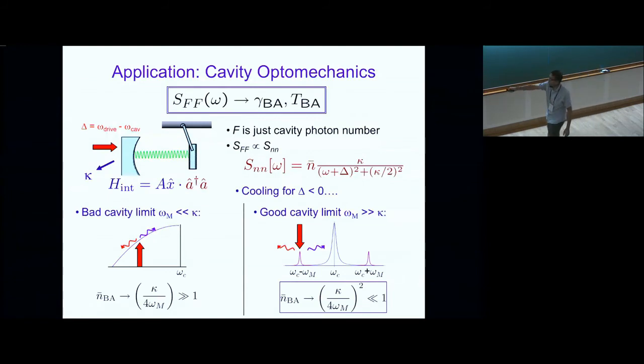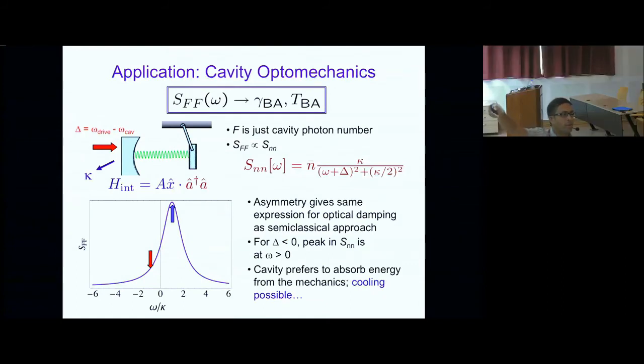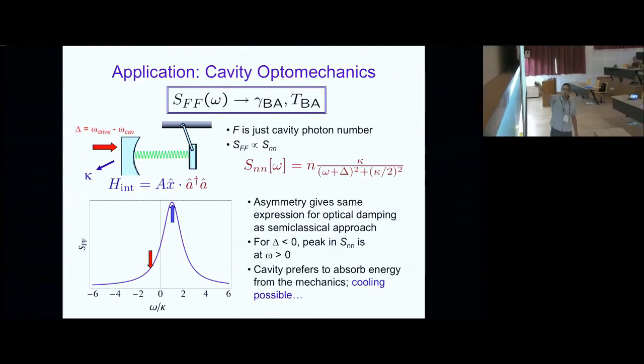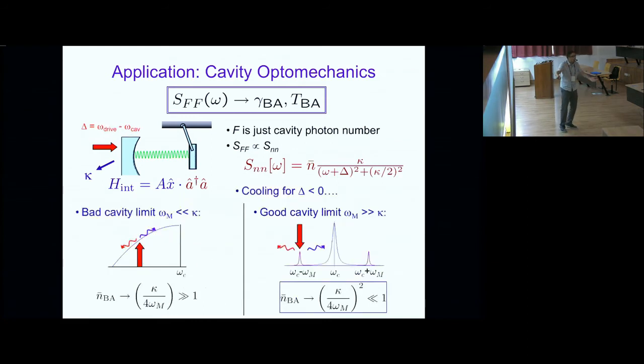So in the low frequency limit, plus omega m is sitting there, minus omega m is there. There's not a whole lot of asymmetry between the positive frequency noise of interest and the negative frequency noise of interest. A lack of asymmetry, when absorption and emission are almost the same, corresponds to a high effective temperature.